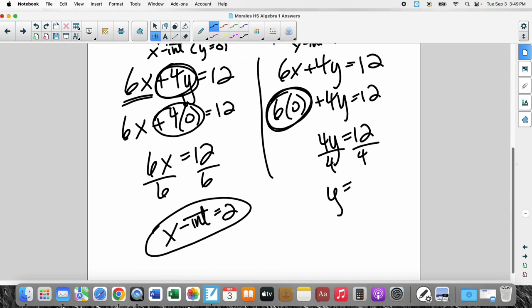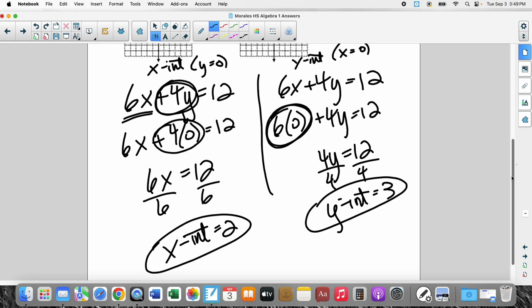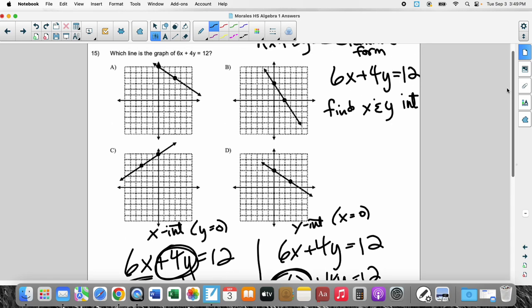So my y-intercept equals 3. So I have my two intercepts. That's not a coordinate. Do not write 2, 3. Those are where it crosses the x-axis at 2.